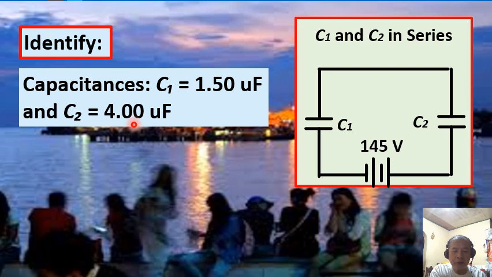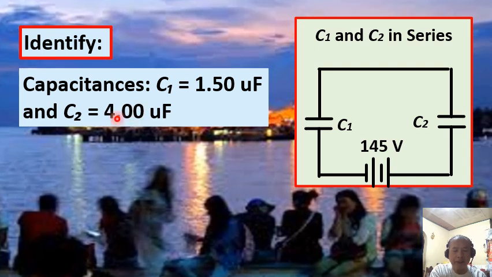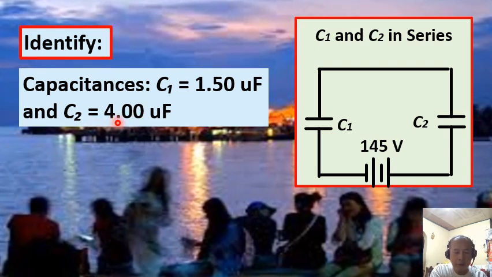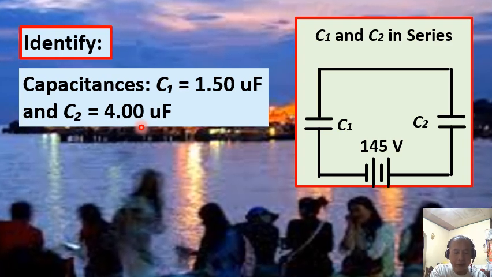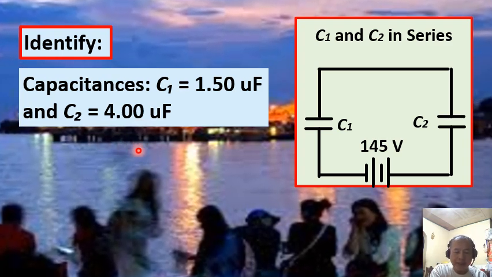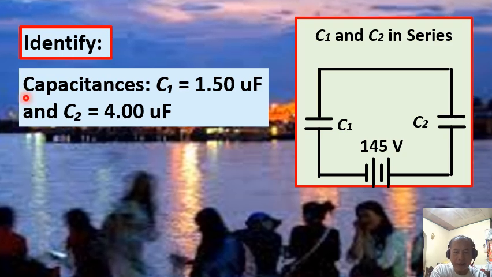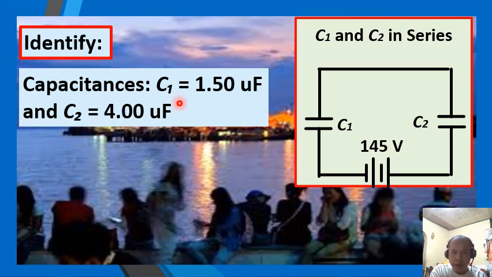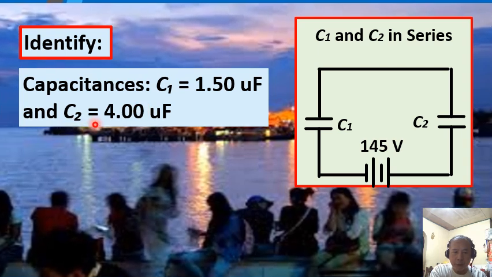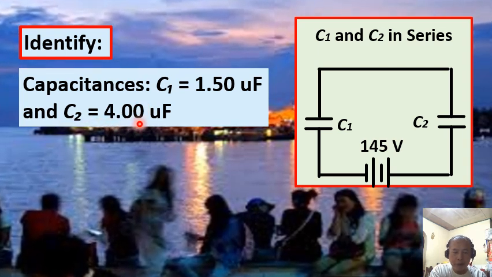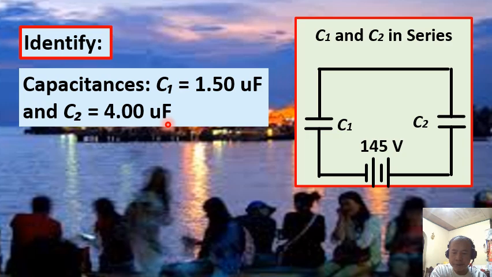In the first case, where the total voltage is given and the capacitors are connected in series, the two capacitances are capital C sub 1 equal to 1.50 microfarad and capital C sub 2 equal to 4.00 microfarad.